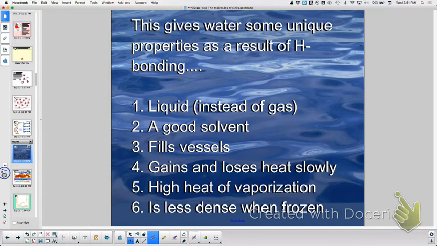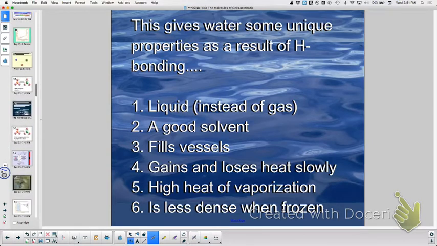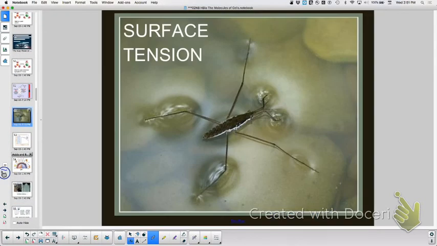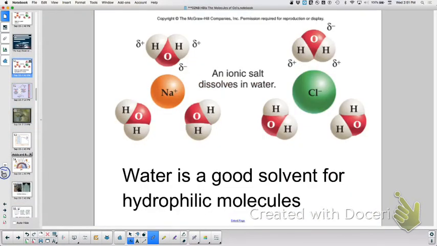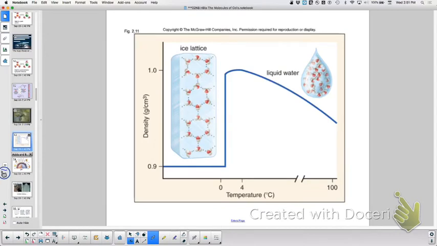Gains heat, high heat capacity, loses heat slowly, high heat of vaporization, and then a key one we talked about, that ice is, there's surface tension, there's this, good solvent. We said ice is less dense, even though it's a solid, it's less dense than liquid water. And why is it?